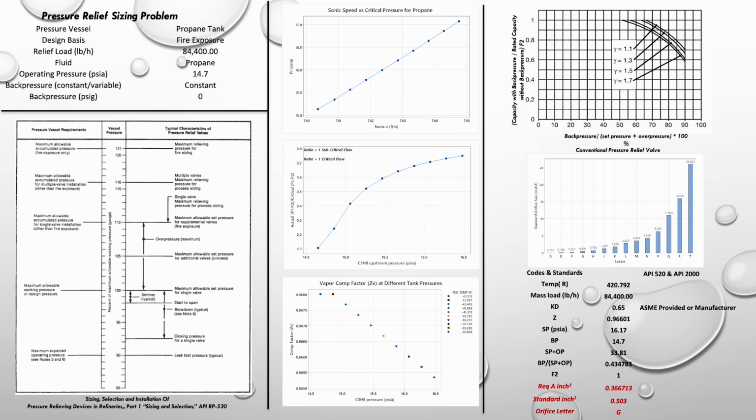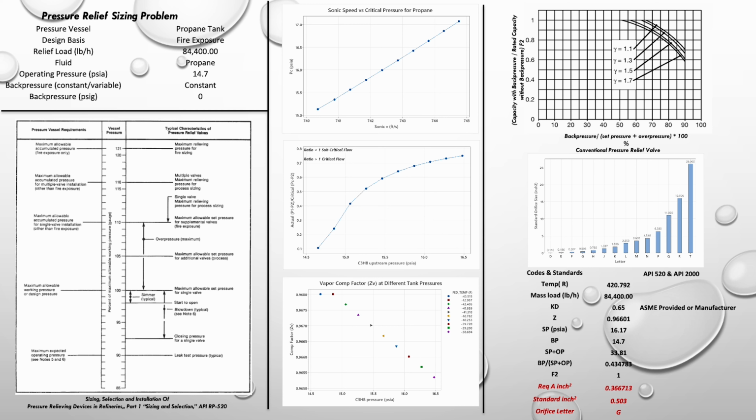Now you move to the standards, which is the last section of that slide, the far right side. That's where you have API 520 and API 2000s. It's going to tell you, if you have a conventional pressure relief valve, and you already know the back pressure and the overpressure. The overpressure that we were talking about earlier, because of the fire scenario, is 121% of the set pressure.